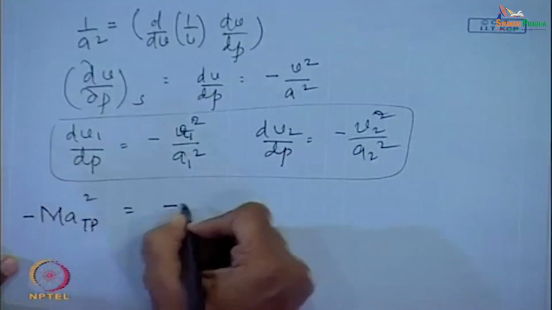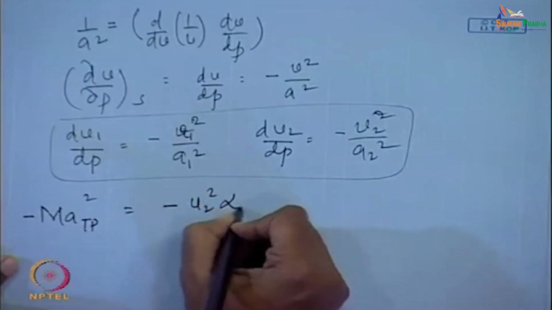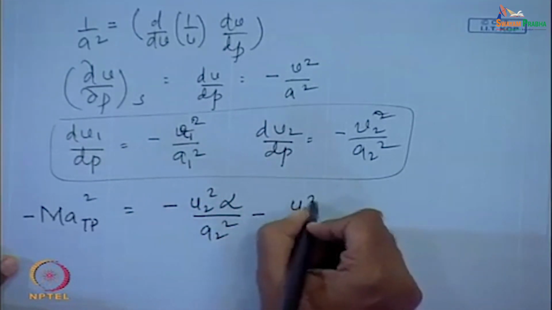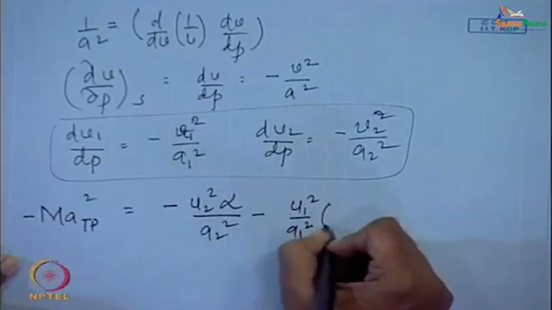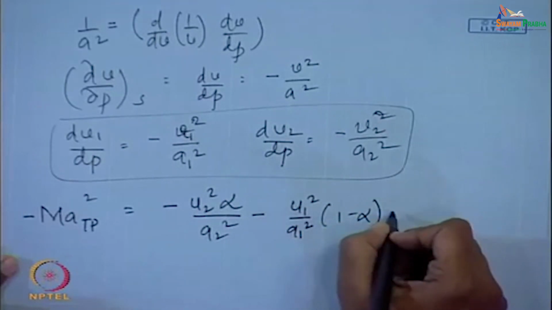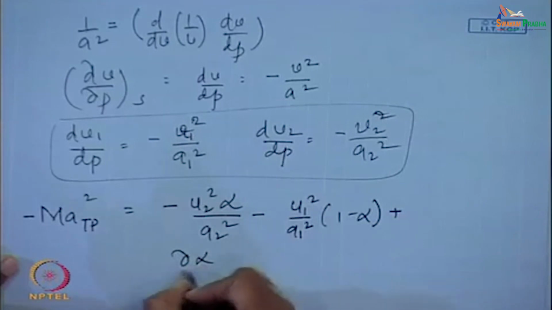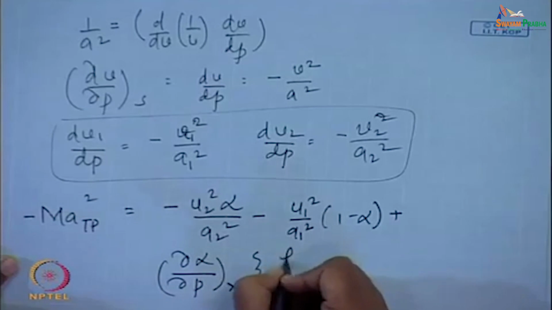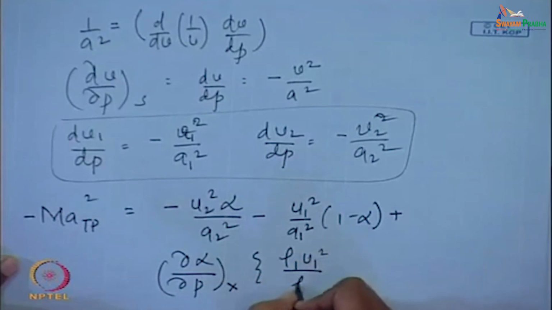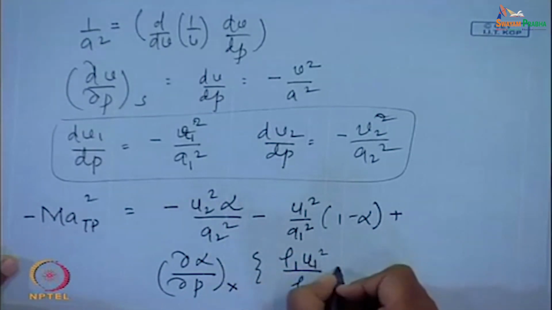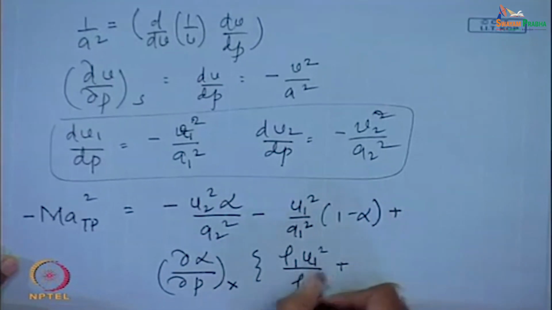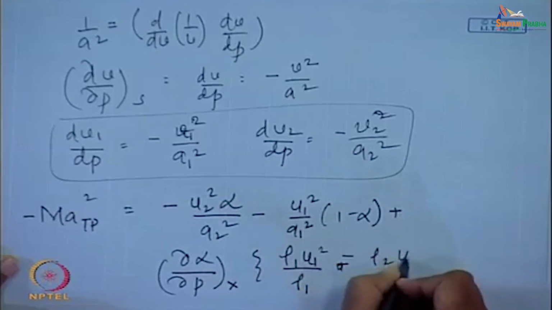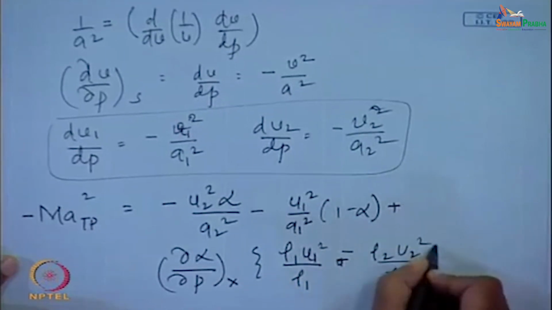This becomes equal to, you just see whether you are getting these terms or not, minus u1 square by a1 square into 1 minus alpha plus del alpha del p at constant x rho 1 u1 square by rho 1, this is u1, plus this rho 1 means from v1 I have made it 1 by rho 1, minus rho 2 u2 square by rho 2.